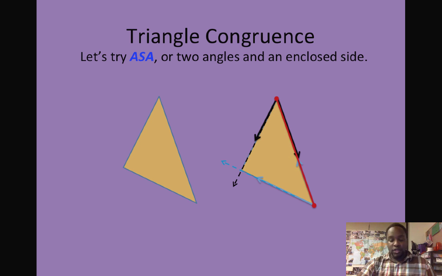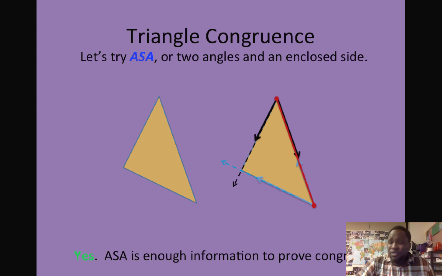So here is our congruent triangle. But can we make another one? Can we make a triangle that's not congruent to it? Nope, we can't, because these angles are kind of locked in place by this segment. So no matter how we try to move these angles, we'll always have a congruent triangle. So yes, ASA is enough information to prove triangles congruent.